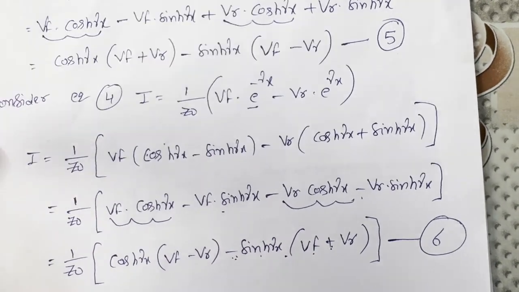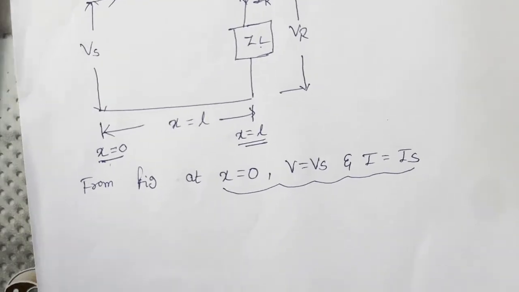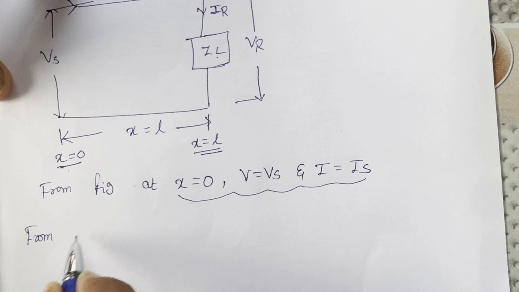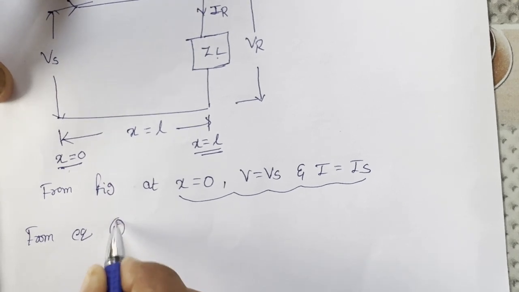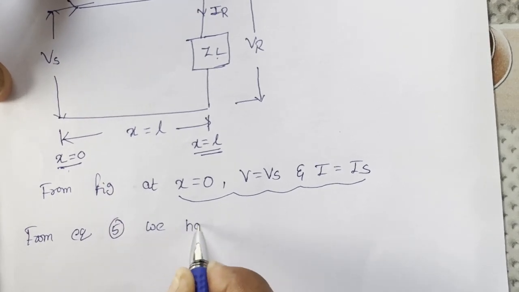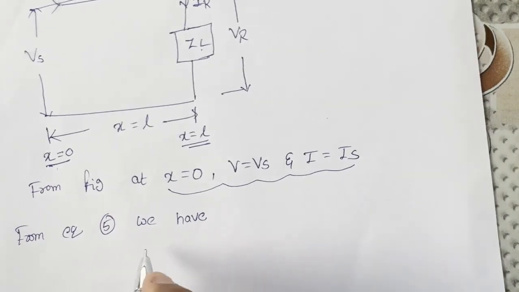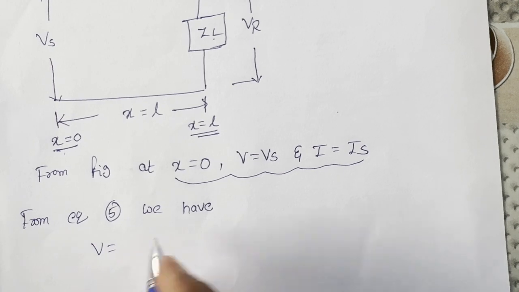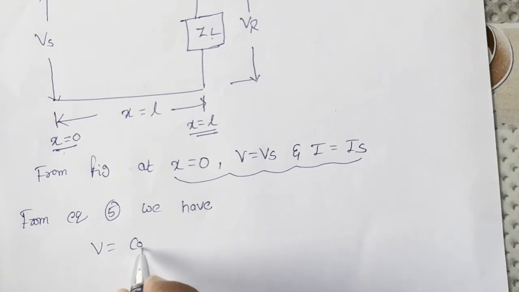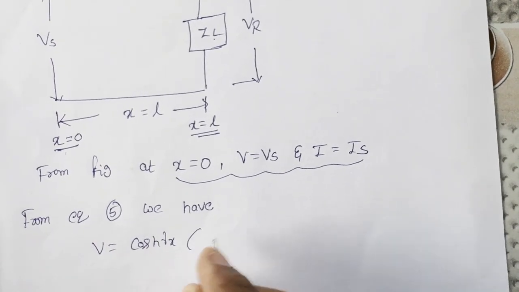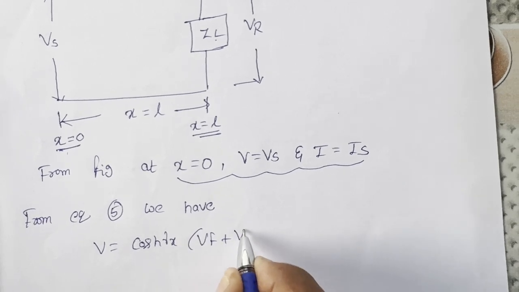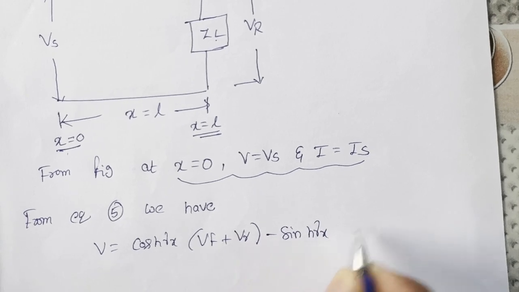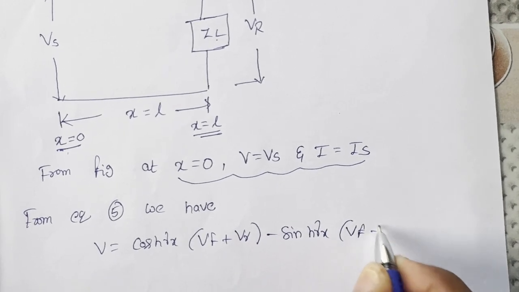First I am substituting in equation 5. Equation 5 is V equal to cosh gamma x into (Vf plus Vr) minus sinh gamma x into (Vf minus Vr).